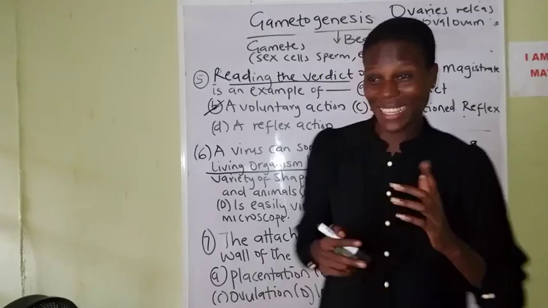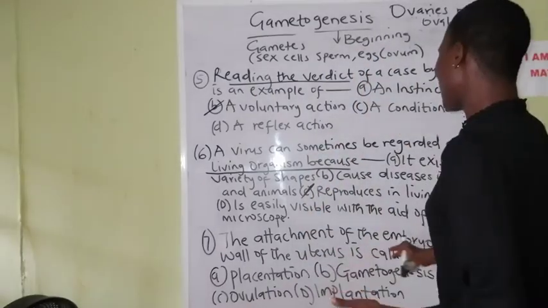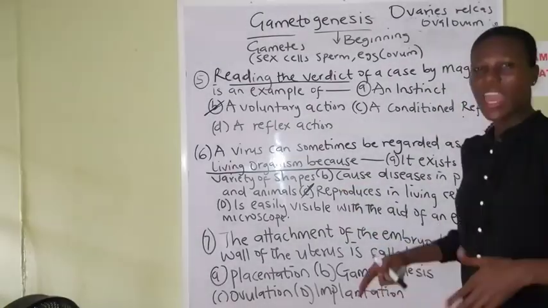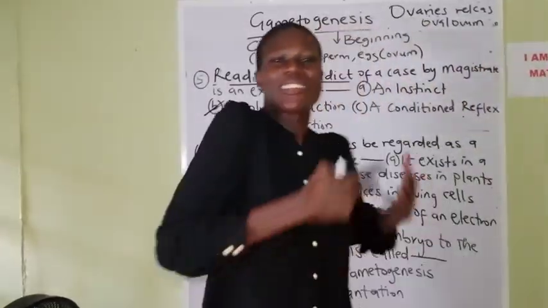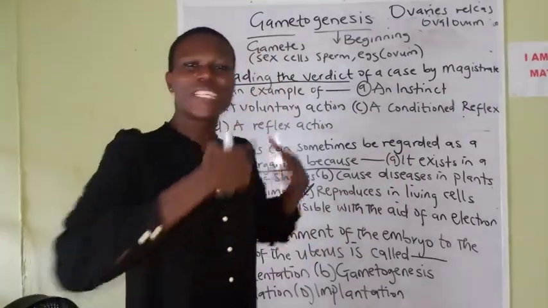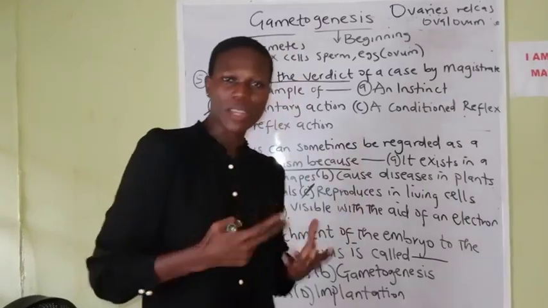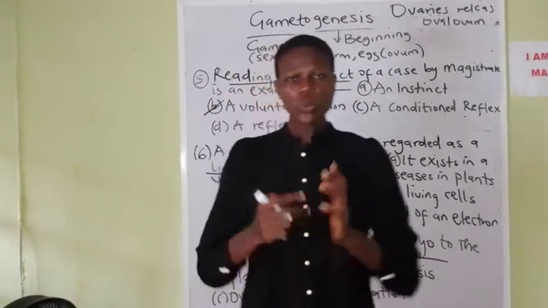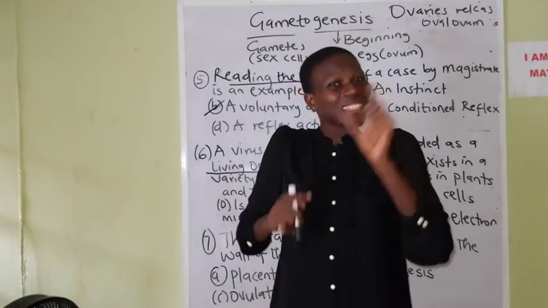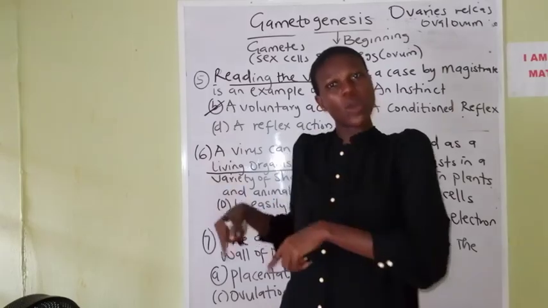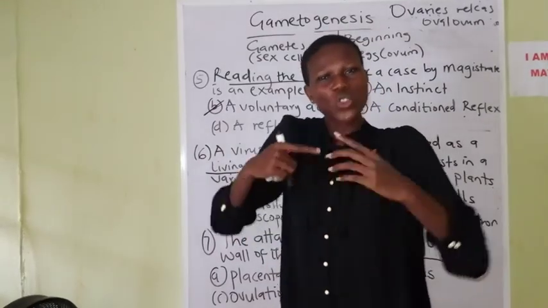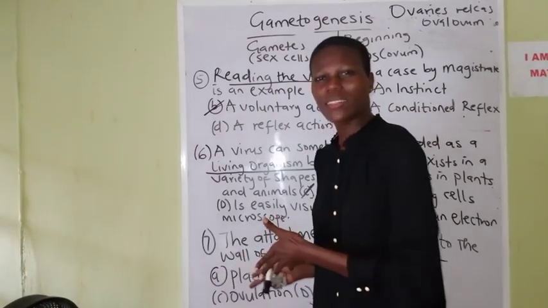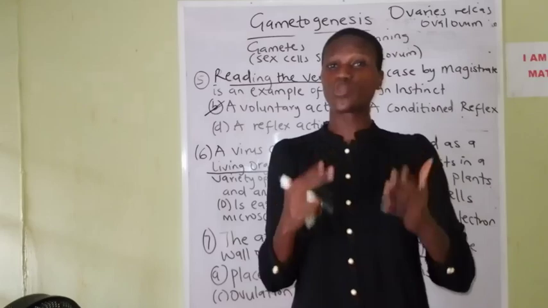Now what is implantation? Implantation is a process whereby the embryo attaches itself to the wall of the uterus, okay? After being fertilized, it attaches itself to the wall to start receiving nutrients from the mother. For instance, when a woman is pregnant, the embryo attaches itself to the lining of the uterus of the mother, and by so doing, placentation takes place, whereby the baby obtains nutrients from the mother.